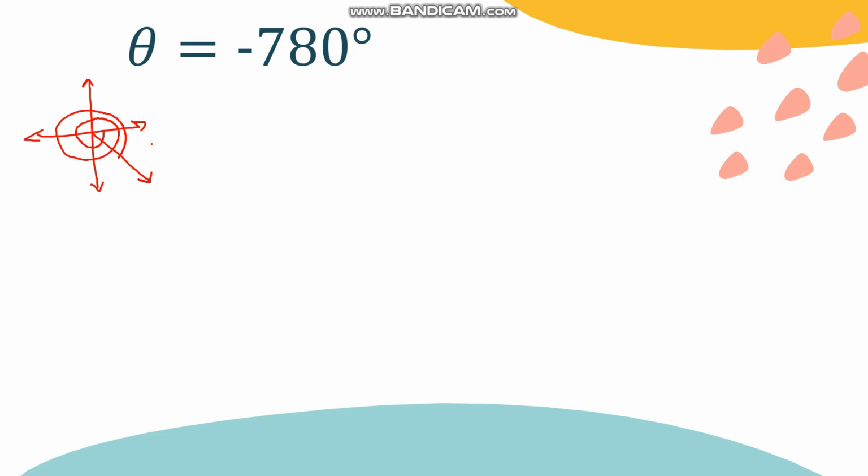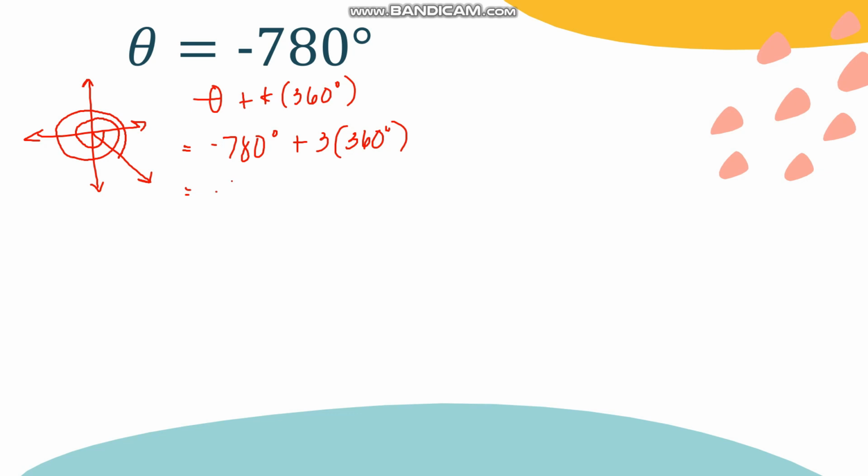Now, to get the coterminal angle of this, we'll follow the formula again, theta plus k times 360 degrees. But since it completes already 2 full rotations and started its third one, we will use 3 as the value of k. So we have here negative 780 degrees plus 3 times 360 degrees.